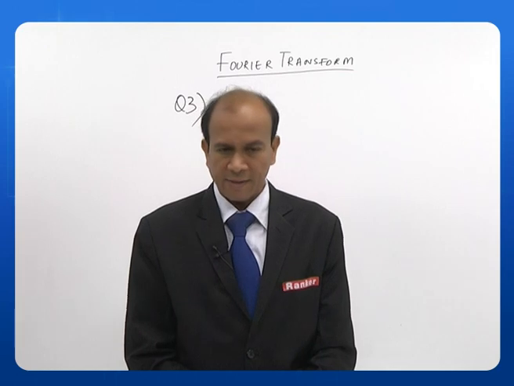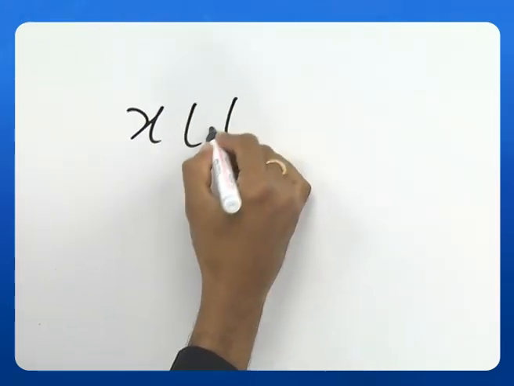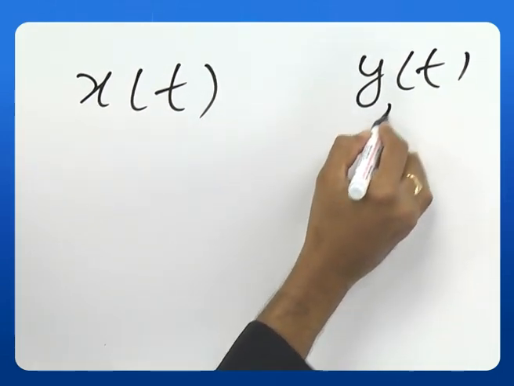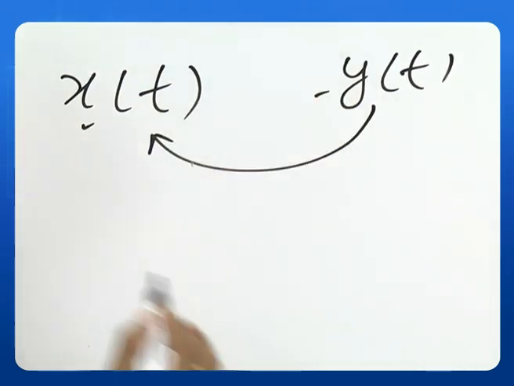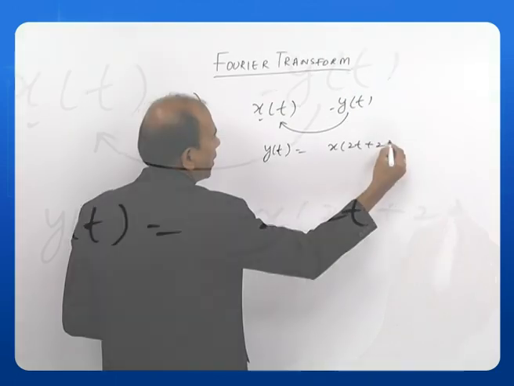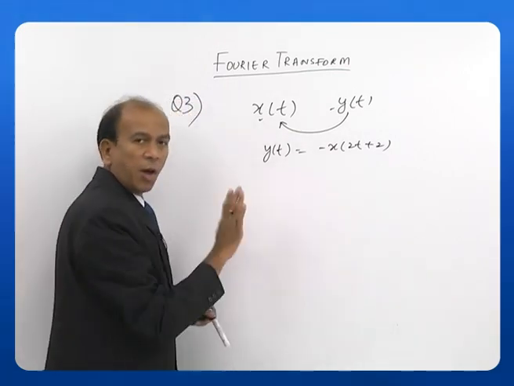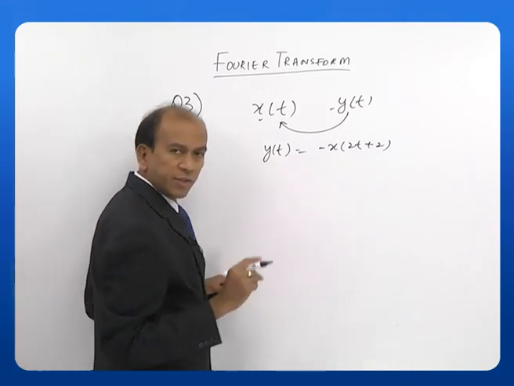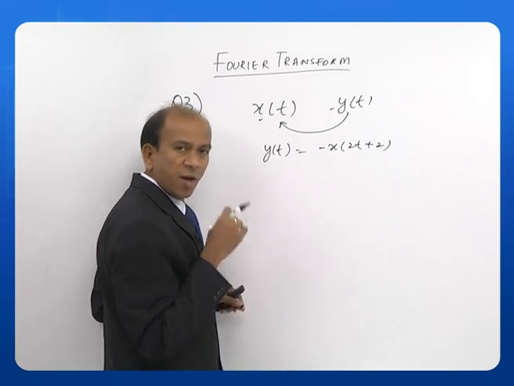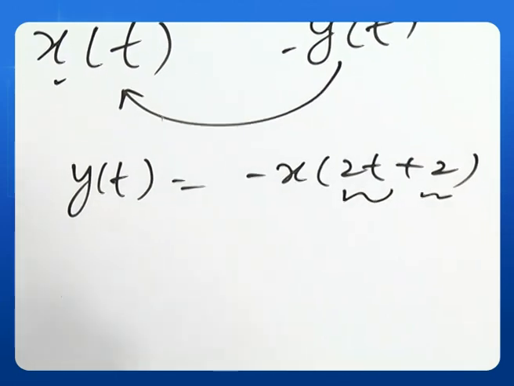Well, let us see how it is like that. x of t has been given and y of t is also shown in the form of a graph. We have to establish a relationship between x of t and y of t. If you look at that figure, y of t is minus x of 2t plus 2, because it is in the negative axis. To find the solution, you should understand which Fourier transform properties we should use here.